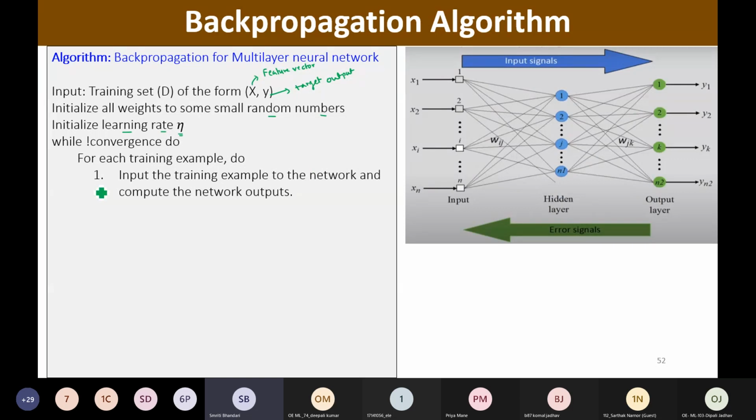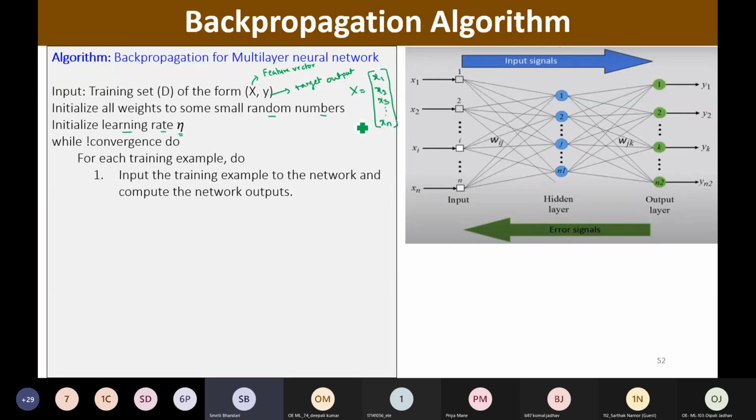Number one, input the training example to the network and compute the network outputs. See here, this capital X is my feature vector, which comprises some values x1, x2, x3, and so on up to xn.